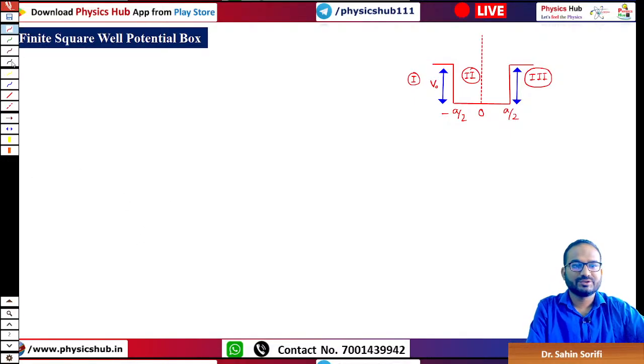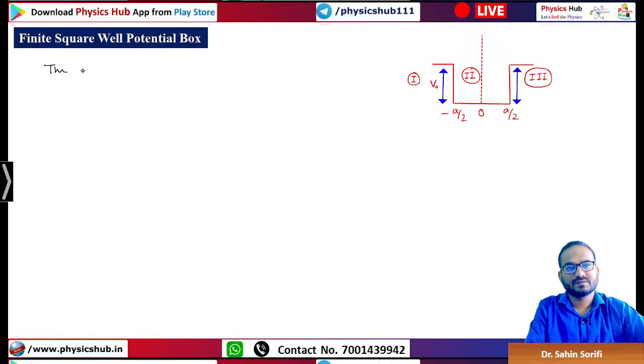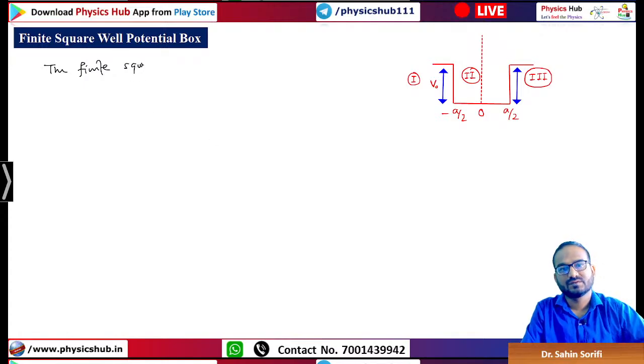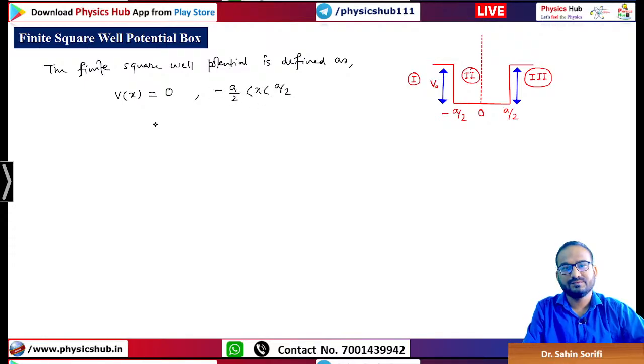So how do we define the potential? The finite square well potential is defined as: V of x is 0 in the range minus A by 2 to plus A by 2, and it is V0 otherwise.